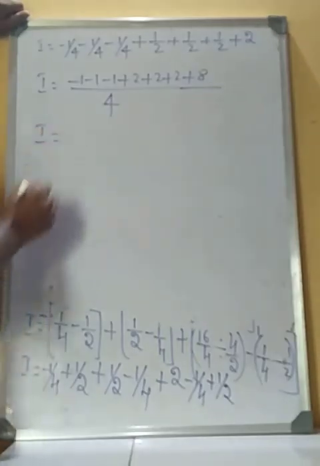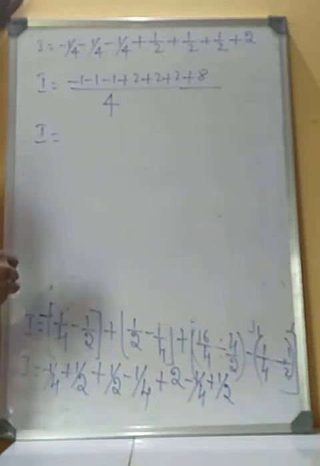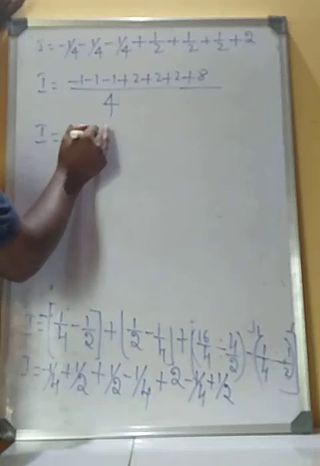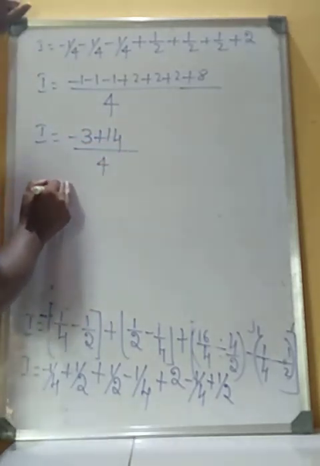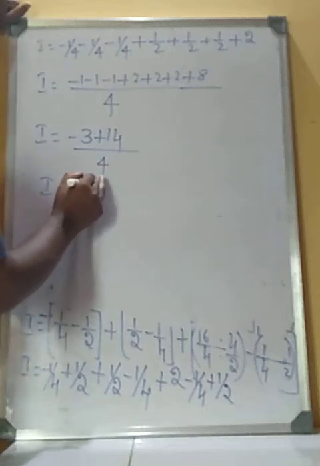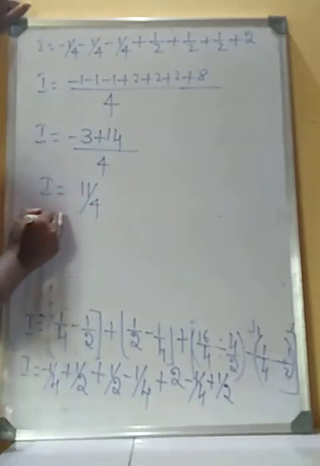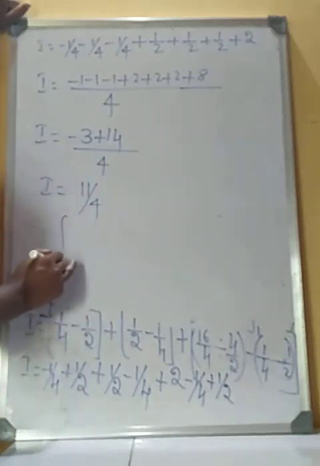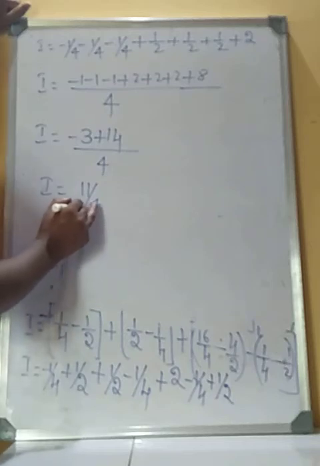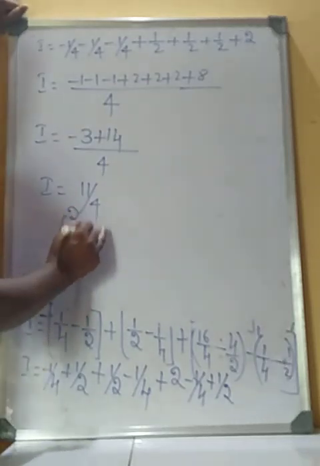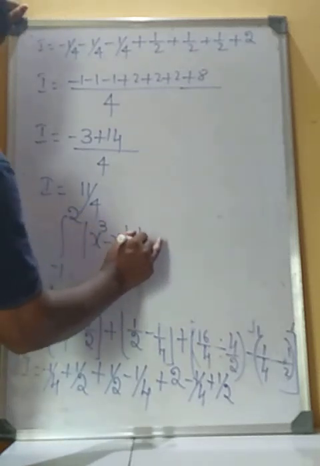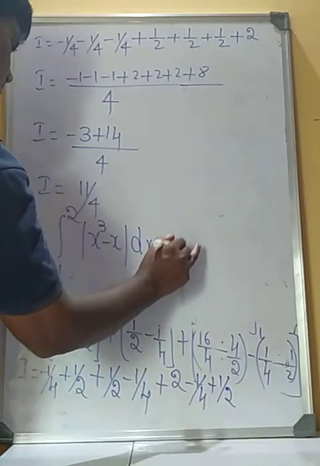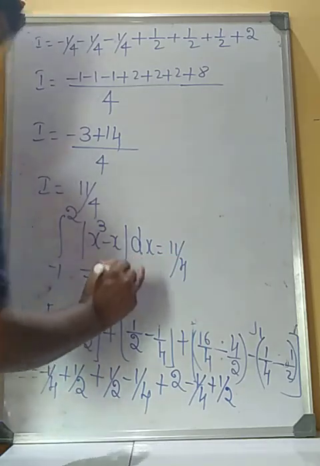Therefore I equals 14 minus 3, that is 11 divided by 4. Therefore the integral minus 1 to plus 2 of mod x cube minus x into dx is equal to 11 by 4.